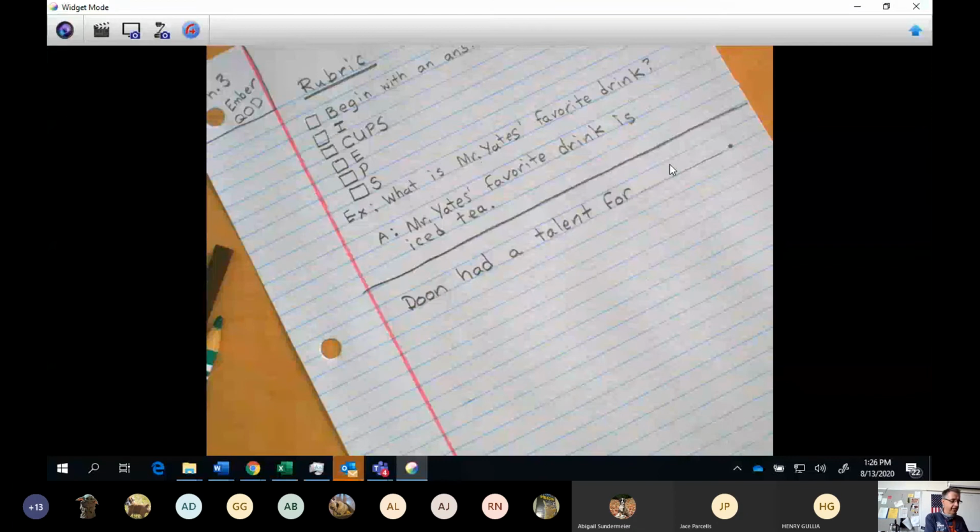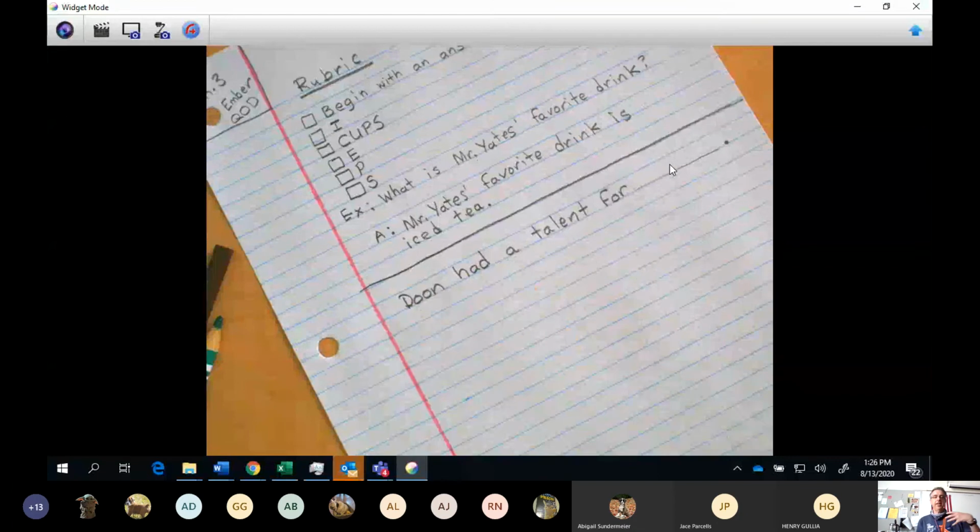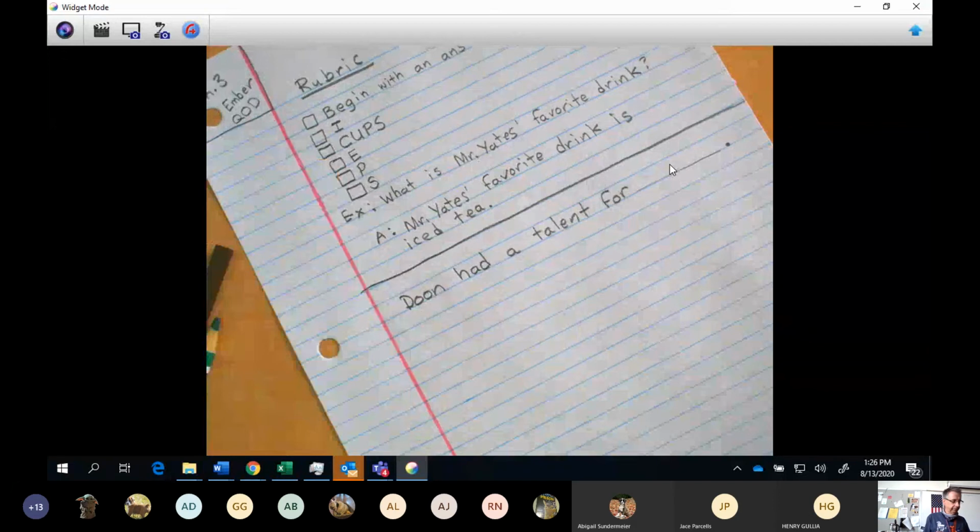All right, I want to show you the next part. So we have Dune had a talent for, and then I'm going to give you a freebie sentence because we really haven't taught you this yet. This question usually comes later in the school year, but I pulled it up because we're using City of Ember. So I want to give you a freebie about how to answer the next part of the question. You want a second sentence.